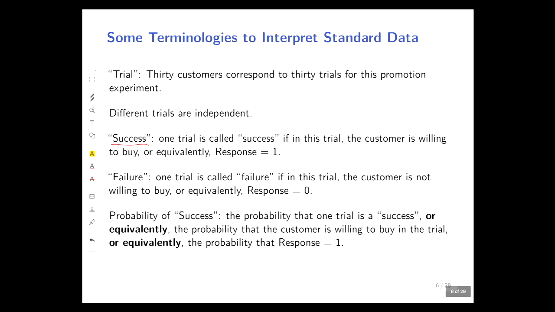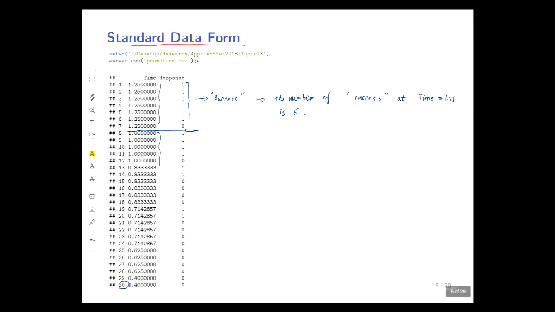And also we can have failure. One trial is called a failure if in this trial the customer is not willing to buy, or equivalently, the response equals 0. So this is the failure.